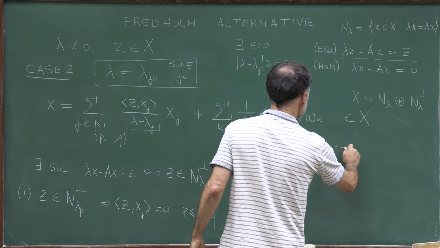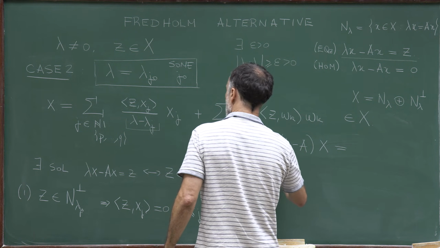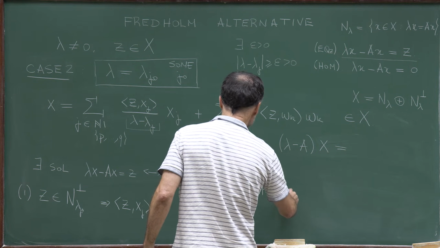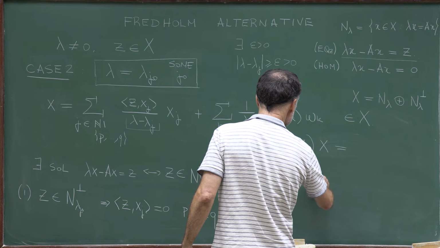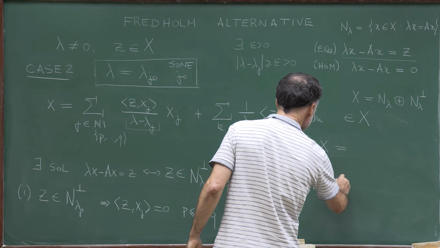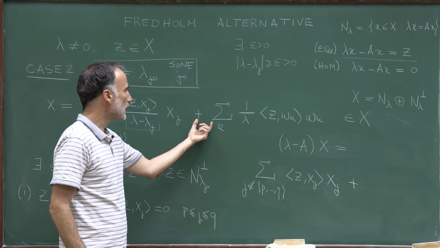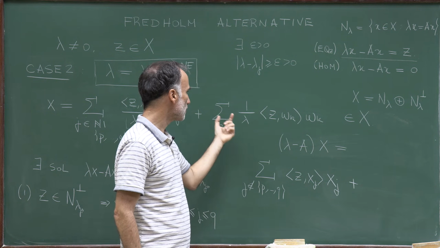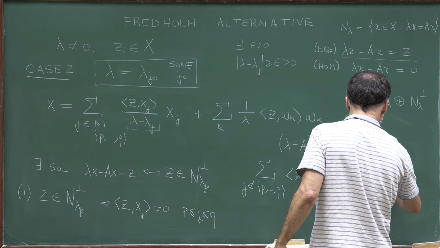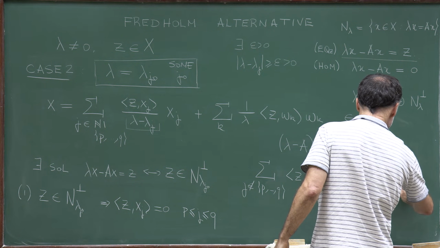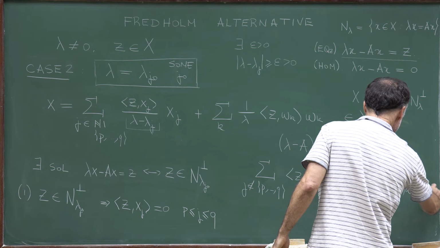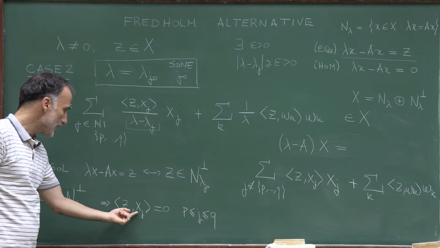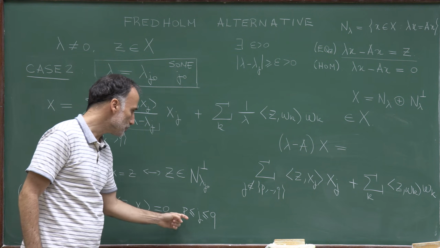So this is equal to the sum for all j not in pq of z xj xj. And here, when I compute lambda minus a of wk, I get lambda wk. The lambda will cancel with this one, and this becomes a sum in k of z wk wk. And now I just recall that z xj is equal to 0 for j between p and q.